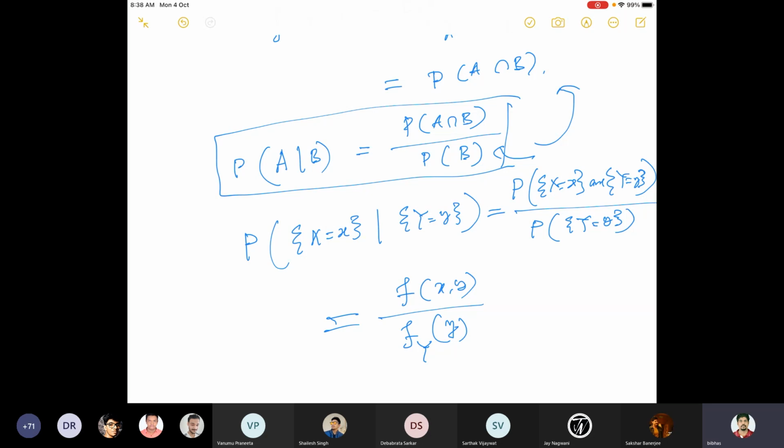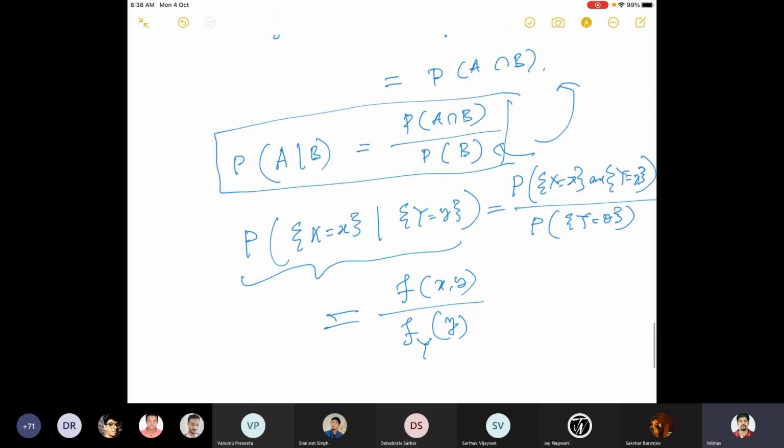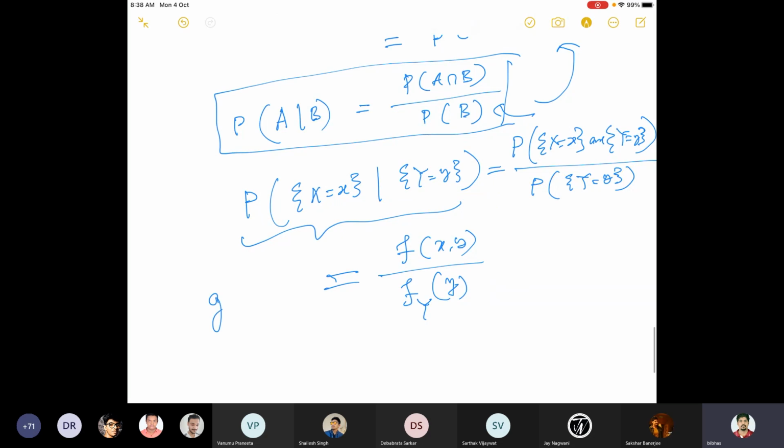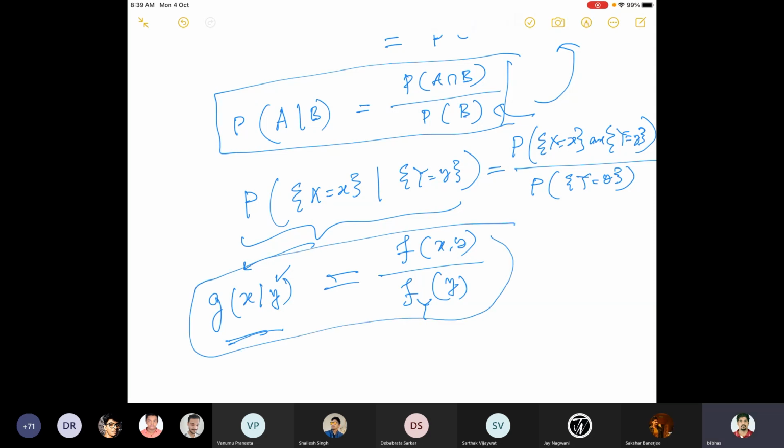If we write this function as g(x given y), the meaning is the same: the probability of capital X equal to small x, given capital Y equal to small y. Then we have this formula, and this is exactly the definition of the conditional probability.